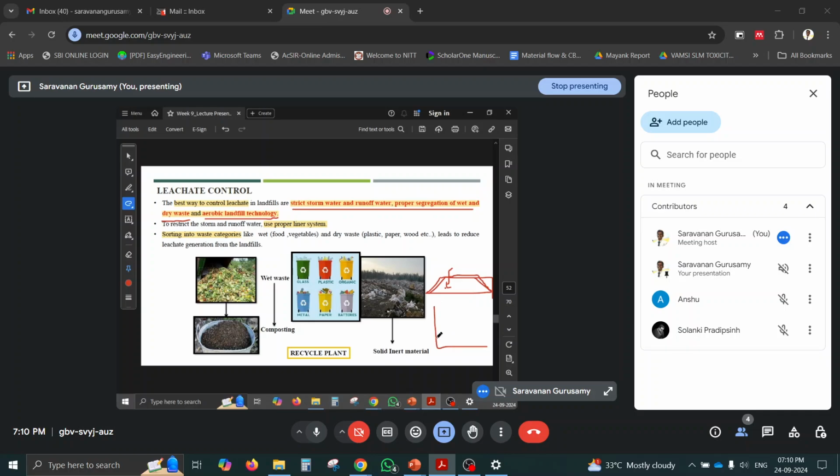As we had seen, oxygen got reduced in the first phase itself and methane got generated. There is no addition of oxygen. But aerobic landfill technology is the latest technology that will enhance the degradation process. That's what we are going to discuss. Okay.